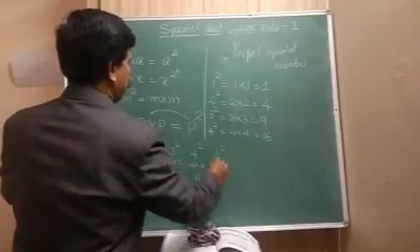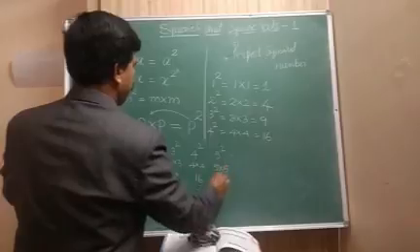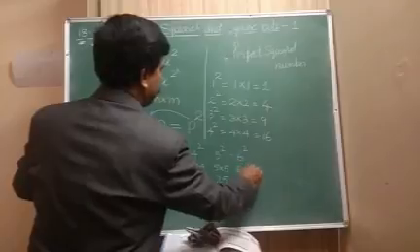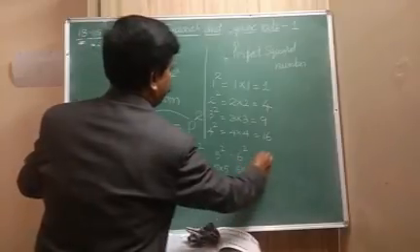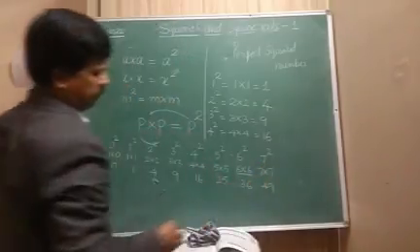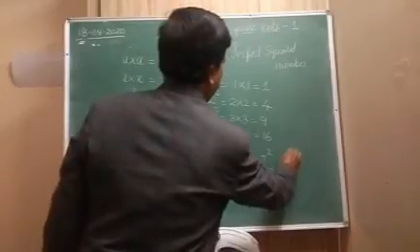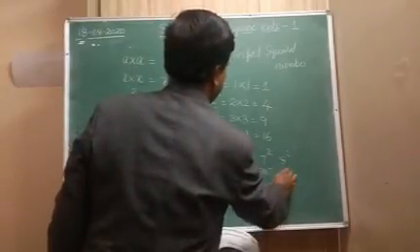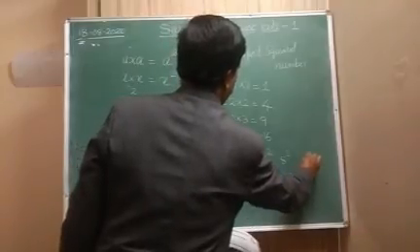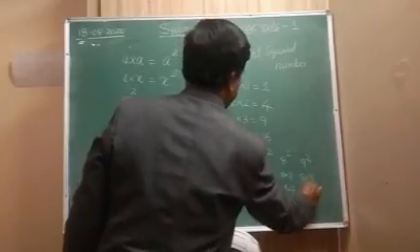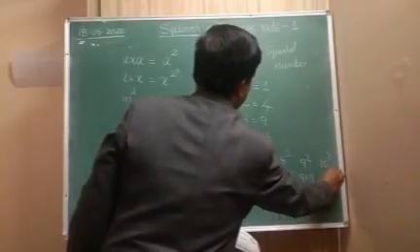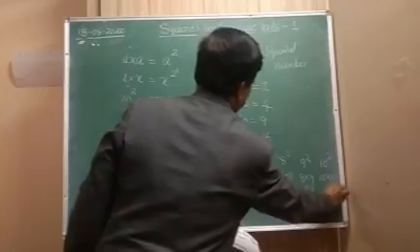Then 5 squared, 5 into 5 is 25. 6 squared, 6 into 6 is 36. 7 squared, 7 into 7 is 49. And 8 squared, 8 into 8 is 64. And 9 squared, 9 into 9 is 81. Then 10 squared, that is 10 into 10 is 100.